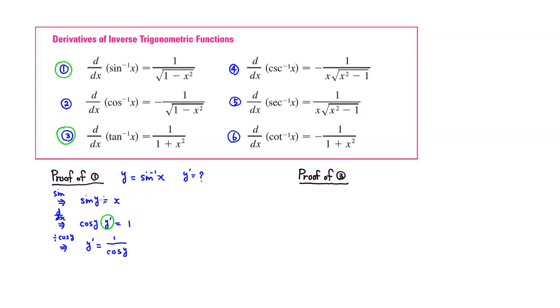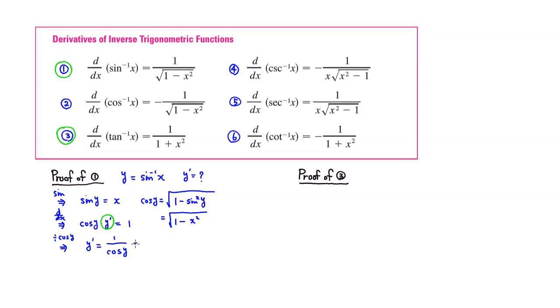All right, then all you have to do is rewrite it to what we have here. Remember that here you have sine of y, so cosine of y is really the square root of, using a trig identity, 1 minus sine squared of y. Which means this is just the square root of 1 minus, since sine of y is equal to x, x squared.